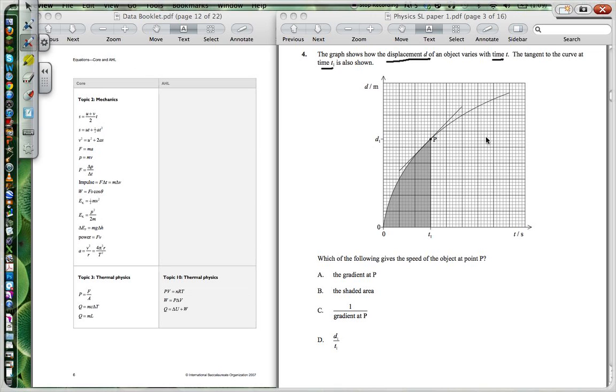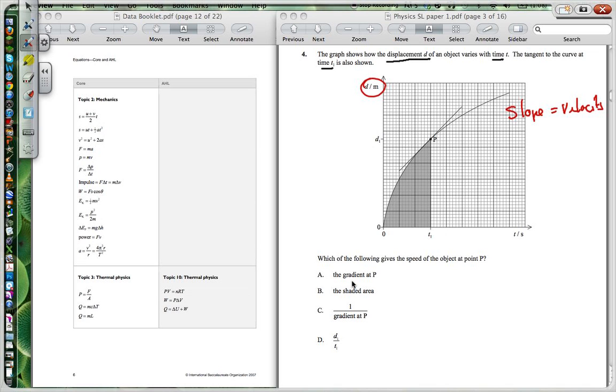at point P. Now you need to know that for a displacement or a distance time graph, the slope of your graph is equal to the velocity. If it's a displacement, it gives velocity; if it's distance, it will give you speed. We're looking here just at the slope of the graph.